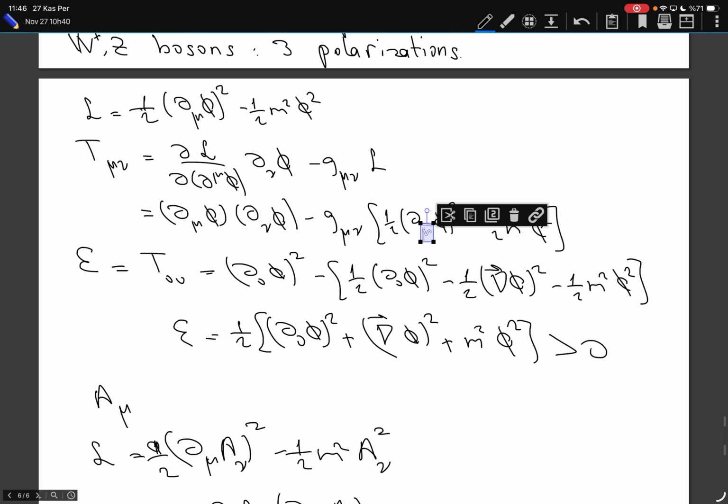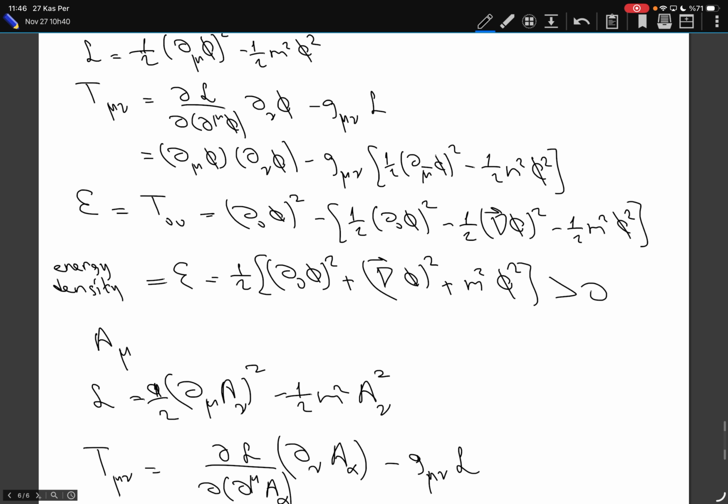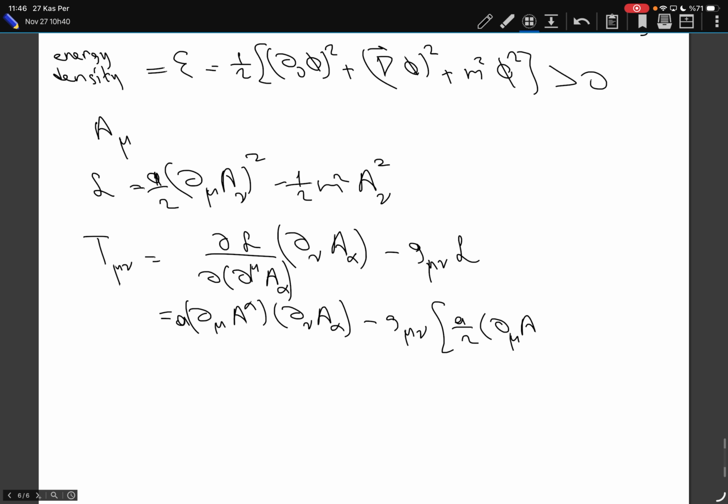Am I remembering wrong, or don't we have some volume integral to have the energy? You know, T00. That's okay. So no, but if I integrate the density, I get the total energy. Okay. Now let me separate my dummy variables from significant variables. So this is 1 over 2 del mu bar A nu bar squared minus 1 over 2 m squared A nu bar squared. The indices with bars are my dummy indices.